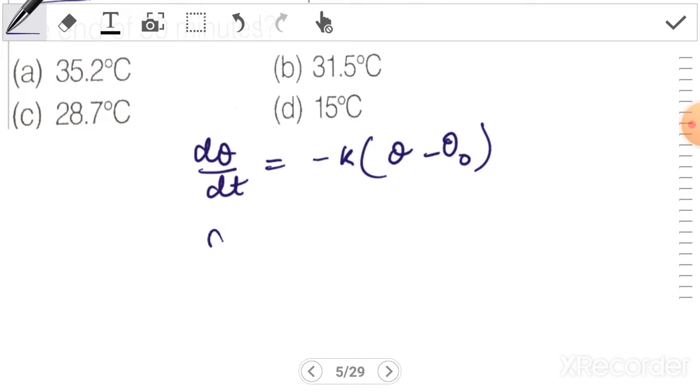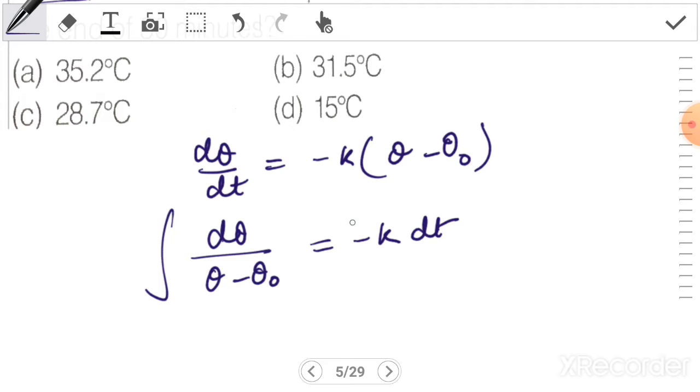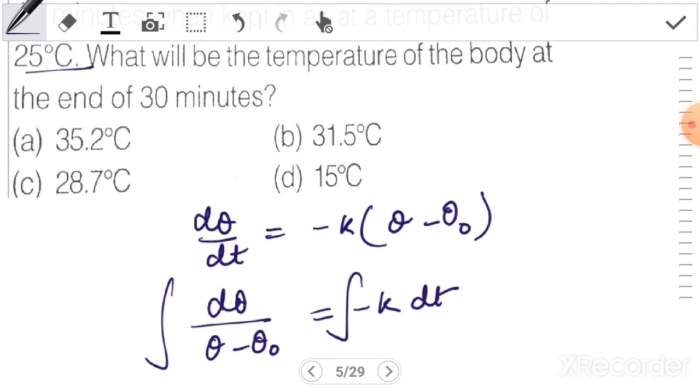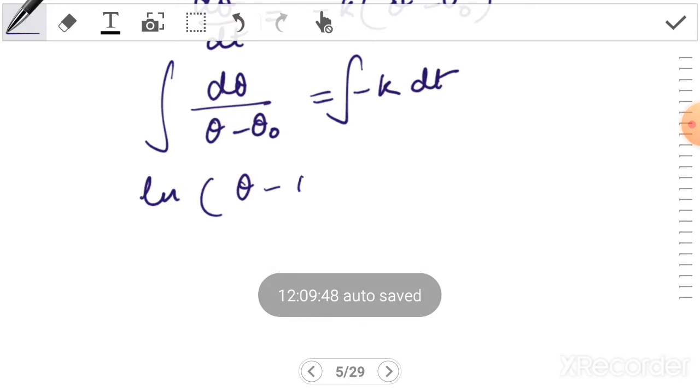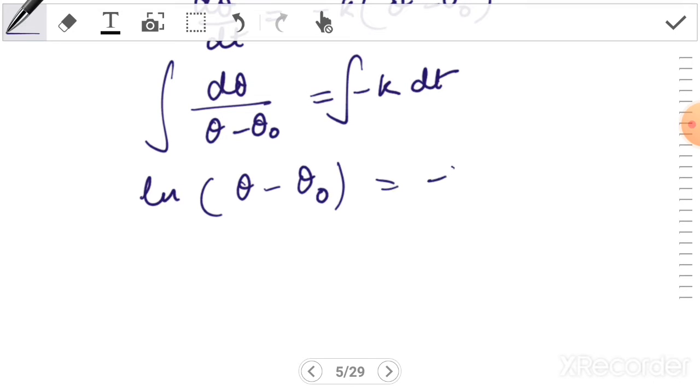Separating the variables, we have dθ/(θ minus θ0) is equal to minus k times dt, and integrating on both sides we have ln(θ minus θ0) is equal to minus kt plus c. Let us say c dash, some constant.